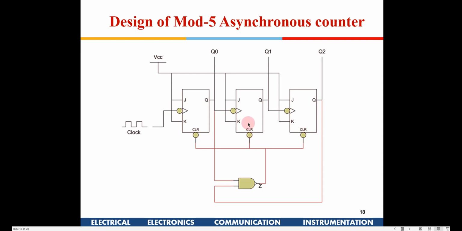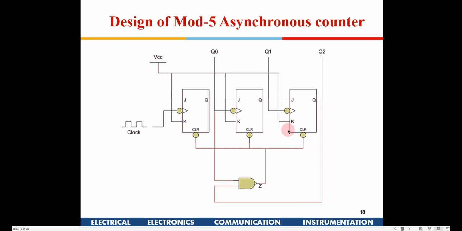So you don't have to take this 0 also. You can take a 1 from here and 1 from here, and then put a NAND gate, because here it is a clear bar. So you put a NAND gate here, and you can clear all the 3 flip-flops.